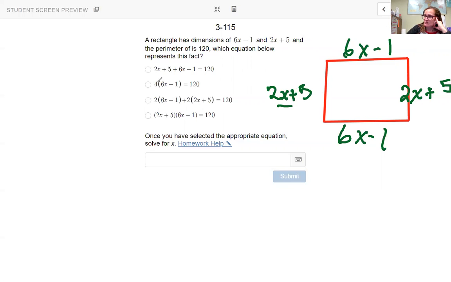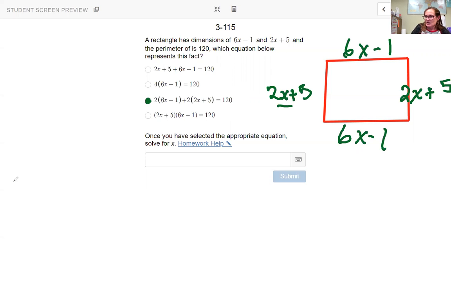Then the next one says 4 times 6x minus 1. Well, that would work if it's a square, but it's not a square, it's a rectangle. Then we have 2 times 6x minus 1 plus 2 times 2x plus 5 equals 120. All right, that one works, so we can click that one. This last one, 2x plus 5 times 6x minus 1, that's the equation we should use if we were finding the area. Okay, so now it says once you've selected the appropriate equation, solve for x.